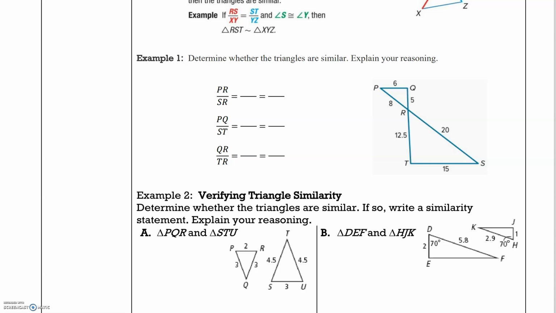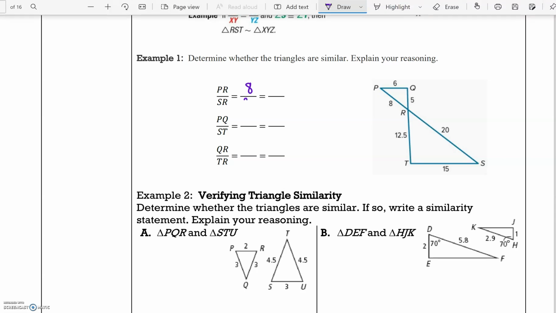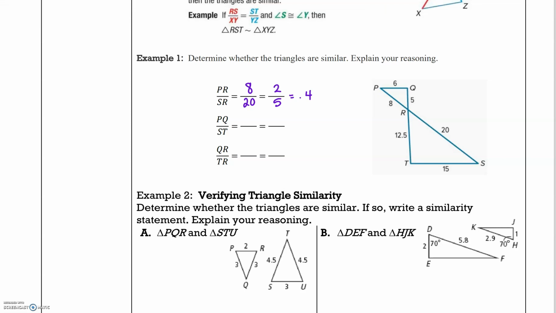PR, we would go ahead and put an 8, SR, 20, and then we can reduce that to 2/5, or sometimes a decimal might help so that we can compare them, because sometimes even simplified fractions may be a little bit different.